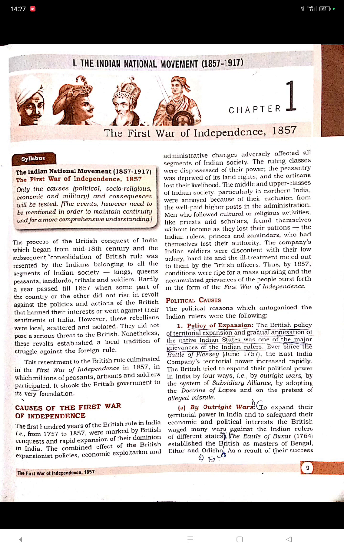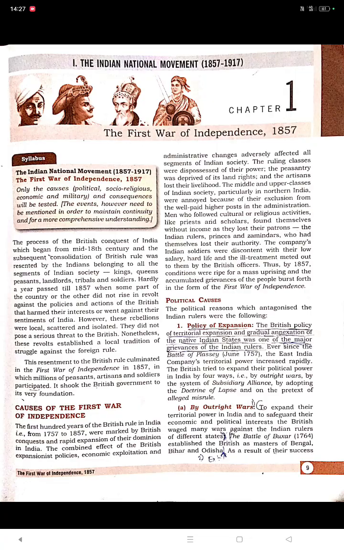The Battle of Buxar, which was held in 1764, established the British as masters of Bengal, Bihar, and Odisha.